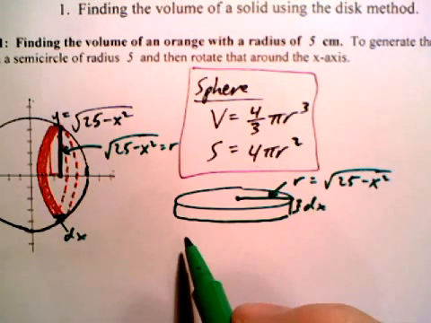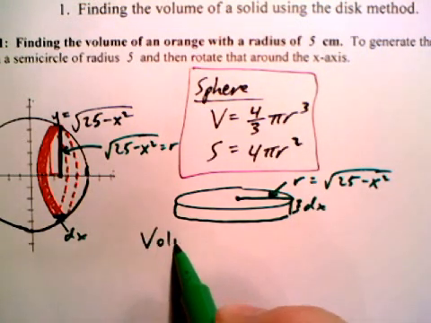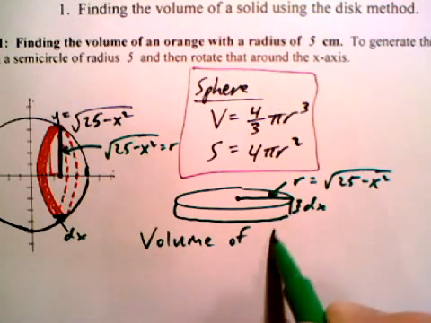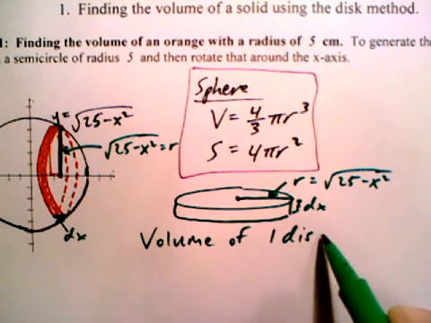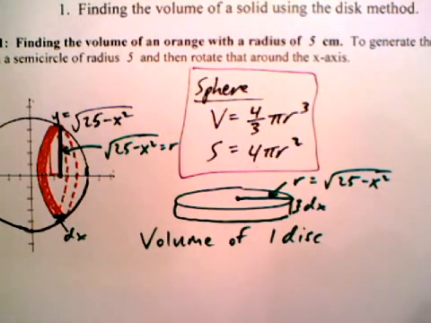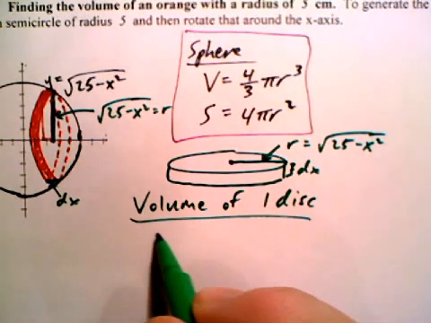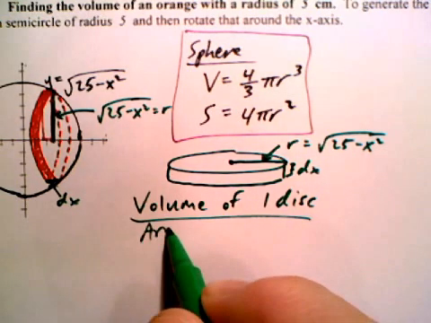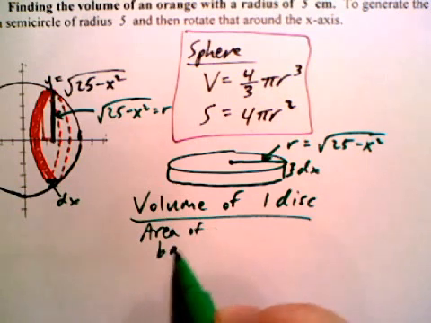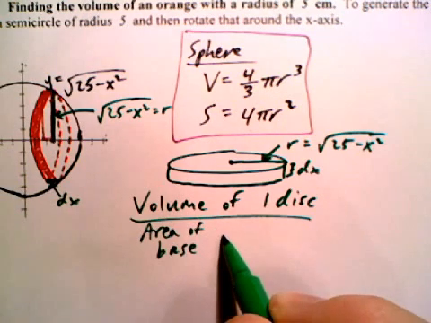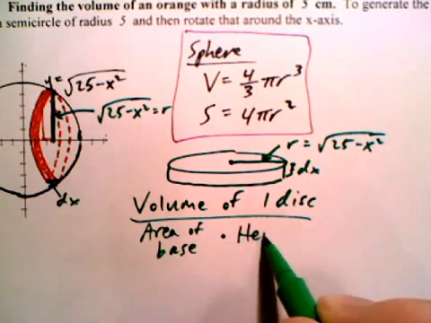And so we know that the volume of one disk, sorry, you can spell it either way, would be area of the base multiplied by the height.